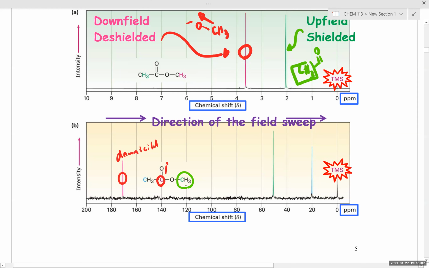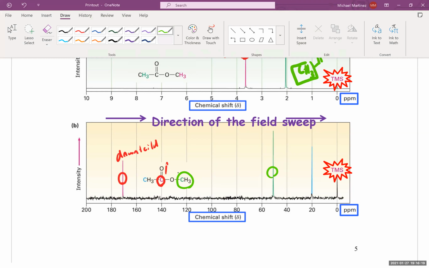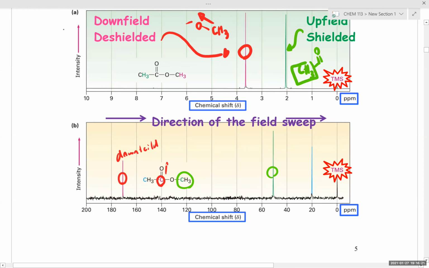That would be the carbon that is attached to our ester oxygen. Do the definitions of downfield and upfield make sense to everyone? And is everyone starting to relate this idea of shielding and deshielding with ideas of electron density?